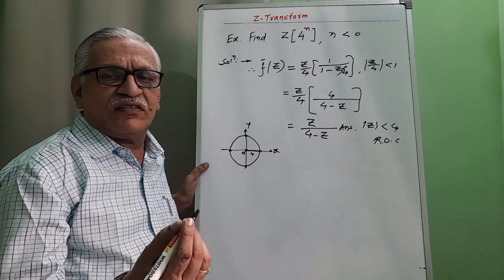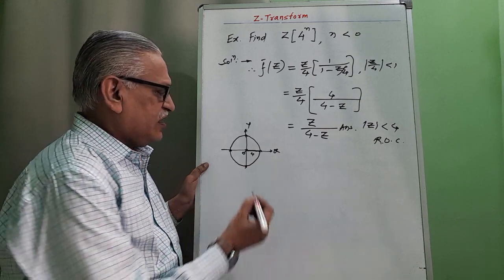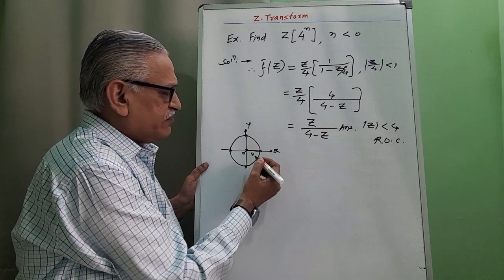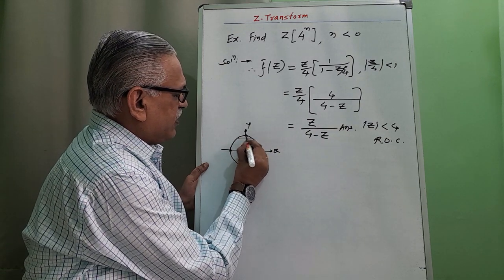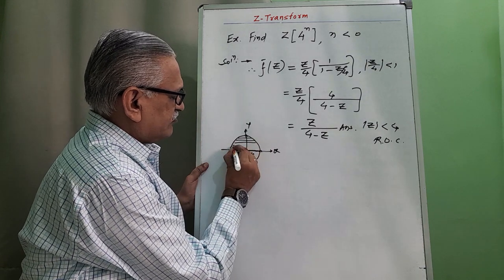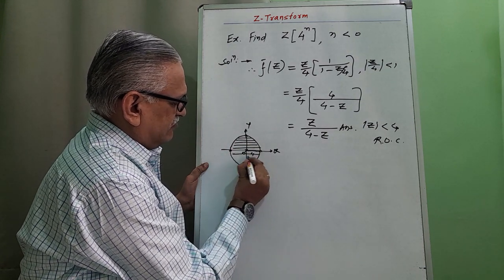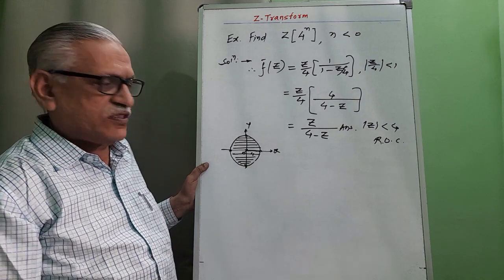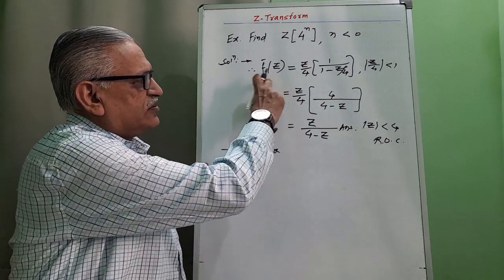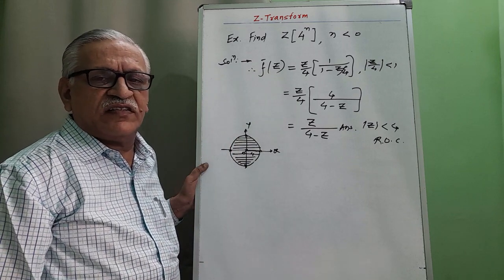As mod z is less than 4, meaning the value is less than the radius 4, the interior part of that circle is the region of convergence. Over this region only the series is convergent.